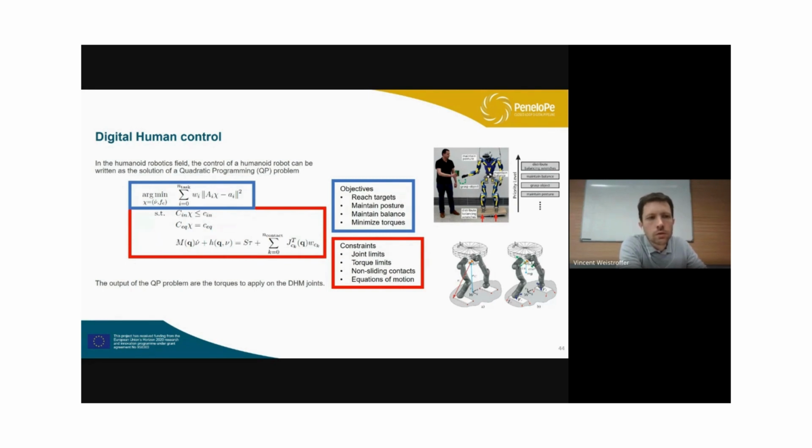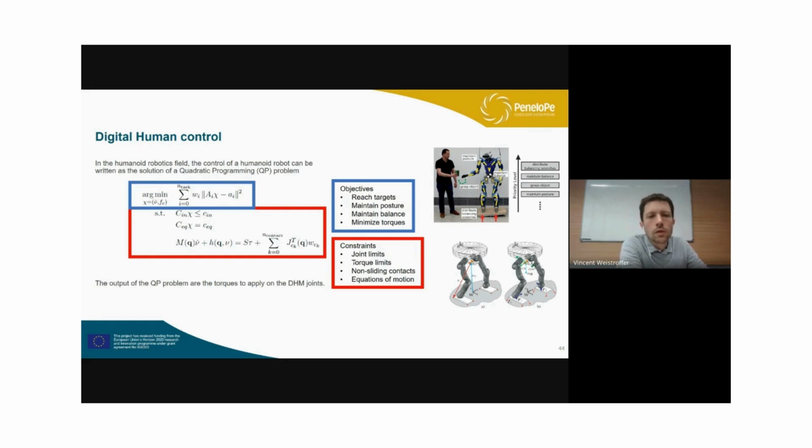The objectives of the problem, first, can be that the humanoid robot has to follow and reach some targets in space. It has to maintain its posture, so its balance, and it also has to minimize torques. We don't want to blow up the motors of the humanoid robot, so we want to keep them low.